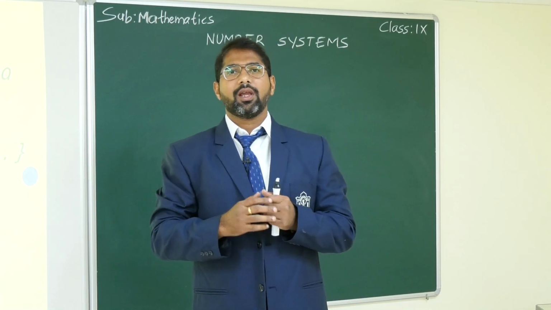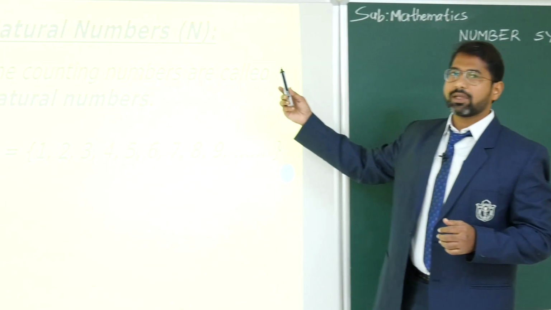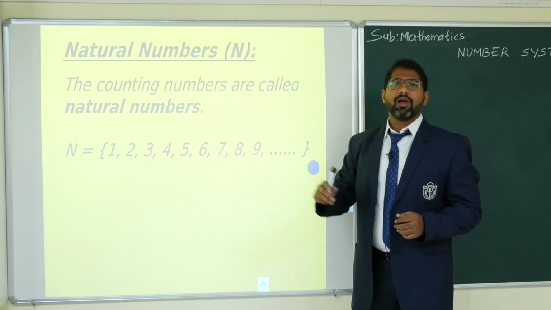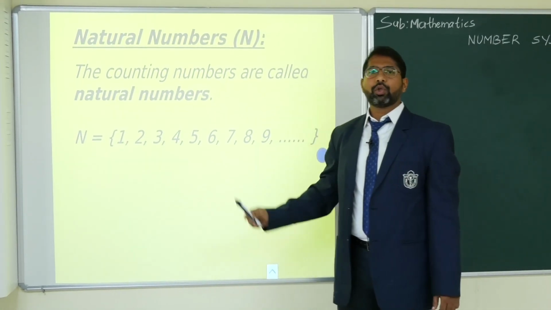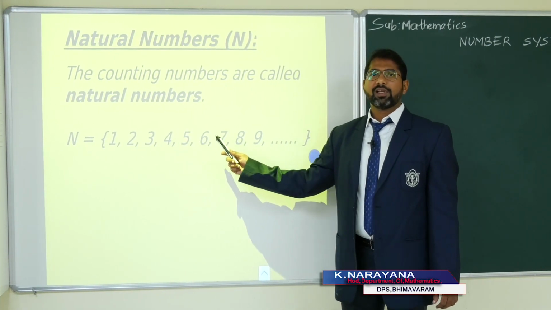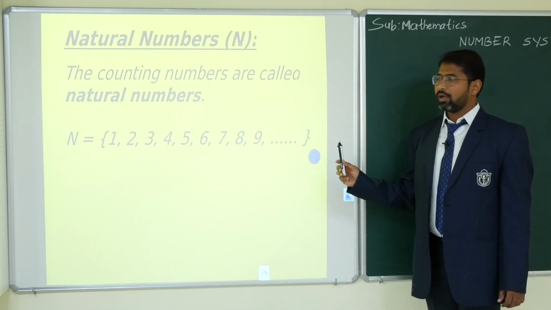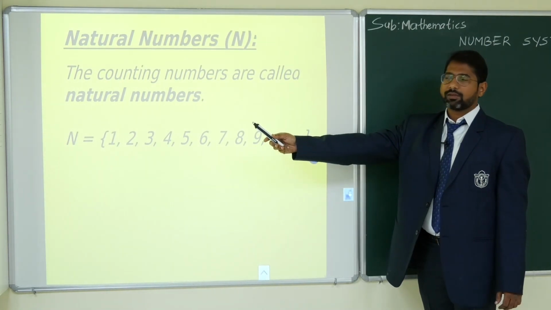Let's see the different types of number system. The first one is natural numbers. Natural numbers are nothing but counting numbers, which are 1, 2, 3, 4, 5, 6, 7 and so on. It means that there is no end for natural numbers.